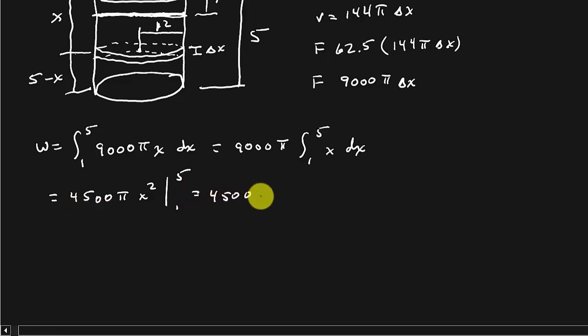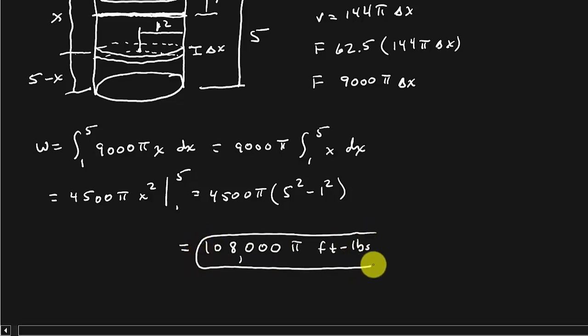So that's going to be 4,500 pi times 5 squared minus 1 squared. And that is going to give us 108,000 pi foot-pounds.